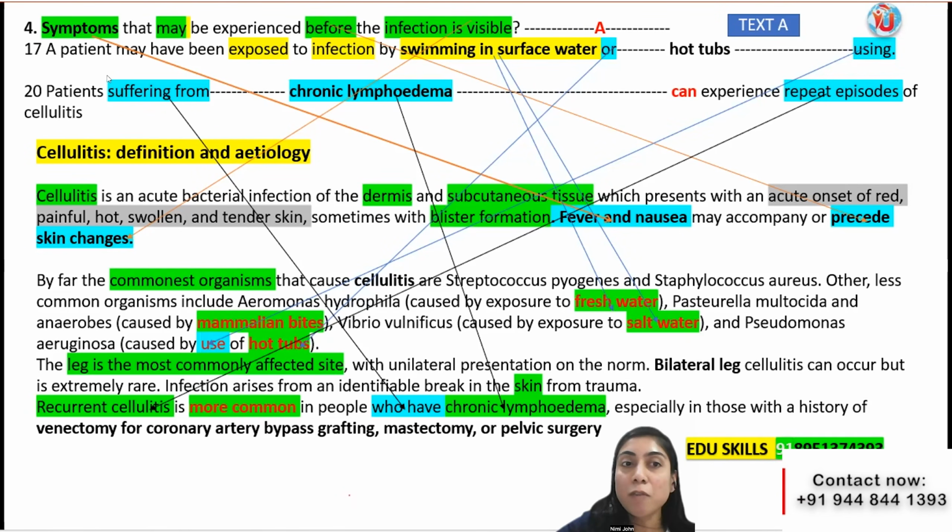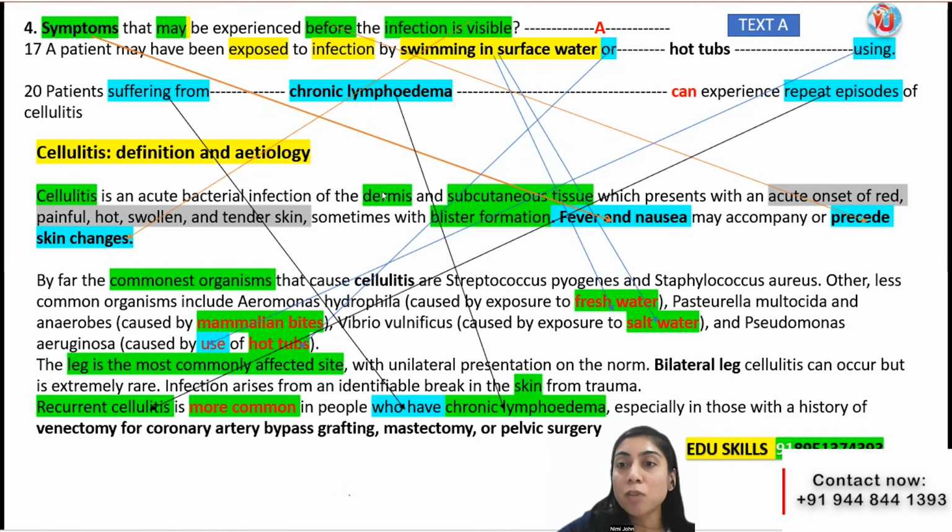So here when we skim and scan for the repeated episode, we can see recurrent cellulitis, which means the synonym used here is recurrent. It's also repeat. Recurrent cellulitis means a repeated episode. It's more common in people who have chronic lymphedema. So patients suffering from chronic lymphedema can experience repeated episodes.